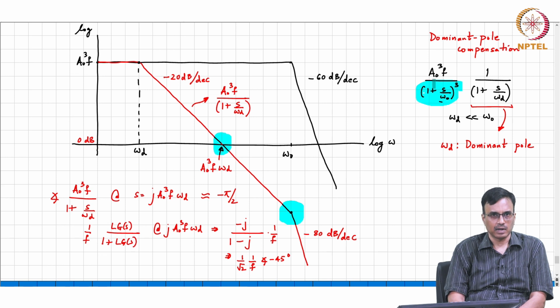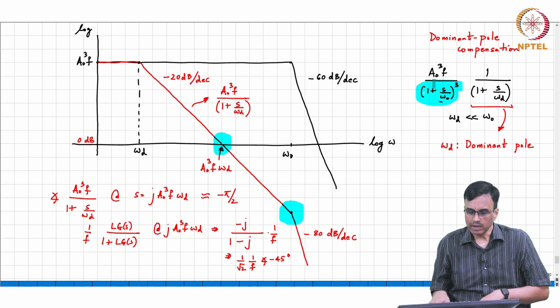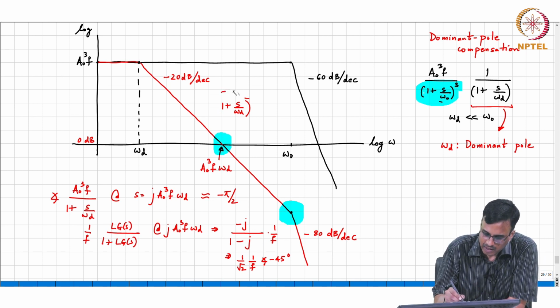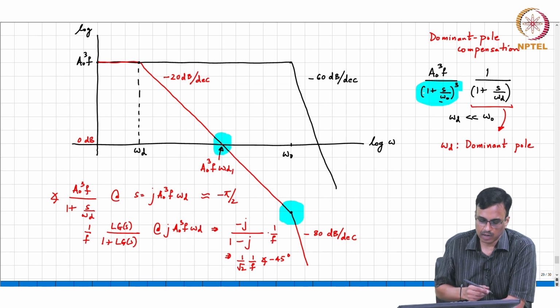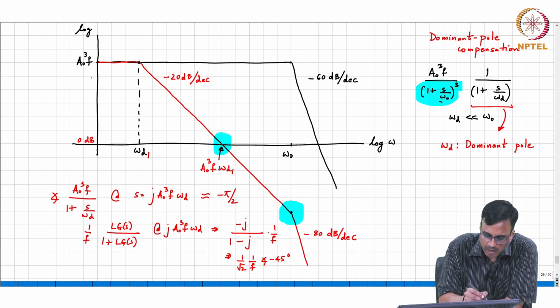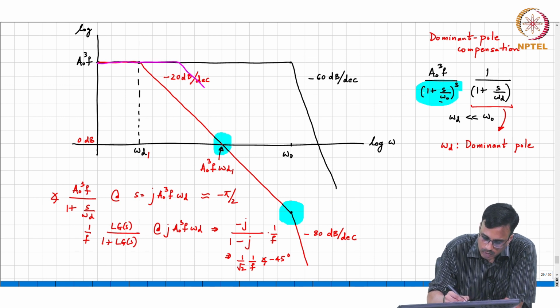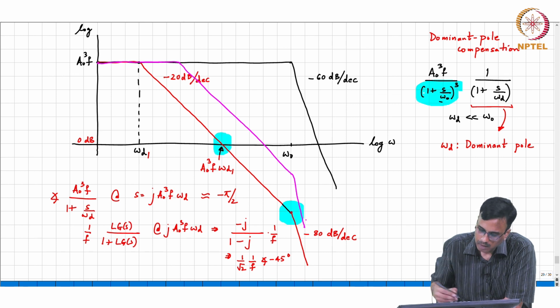So this is the basic idea behind dominant pole compensation. Now the question is, what if, in this example, I chose this dominant pole frequency to be omega d1, and what if I had made another choice, omega d2, like this?